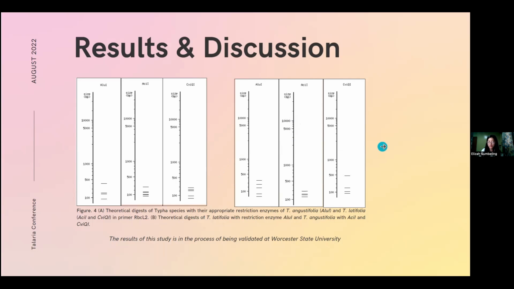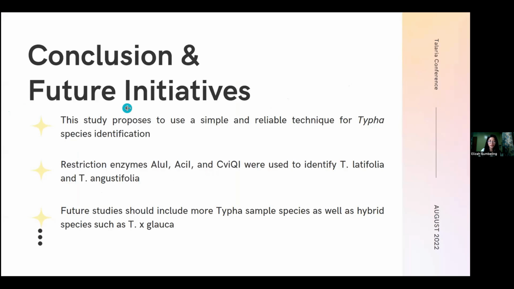So ultimately, the purpose of this study was to provide a reliable and rapid approach to identifying cattail species that have an unreliable morphological basis of classification. So in conclusion, this study proposes a simple and reliable technique for Typha species identification.